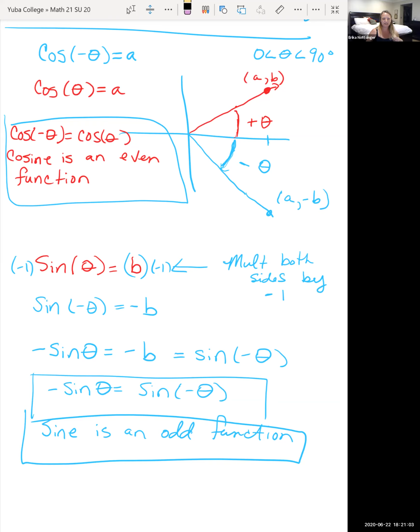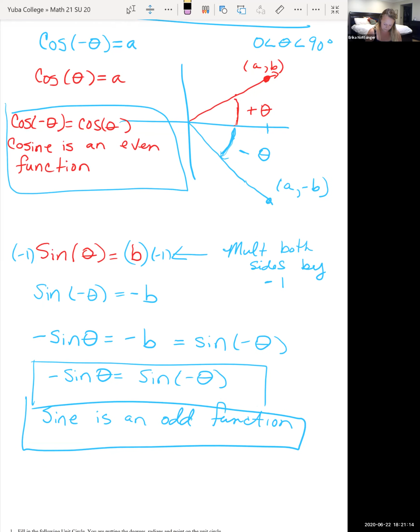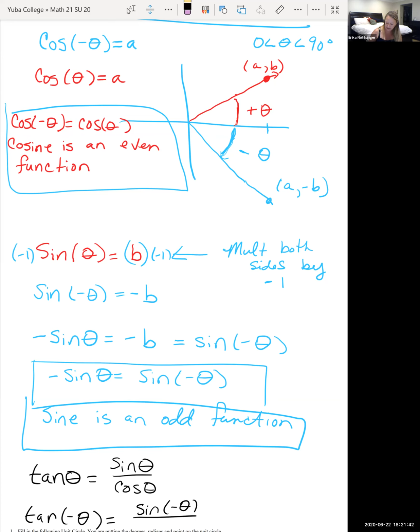Any other questions? So based off this, if we rewrote tangent theta in terms of sine and cosine, remember tangent theta could be written as sine theta over cosine theta. So tangent of negative theta is equal to sine of negative theta all over cosine of negative theta.